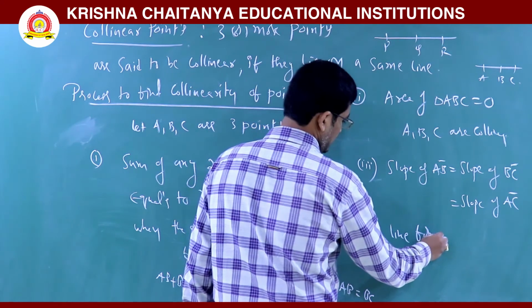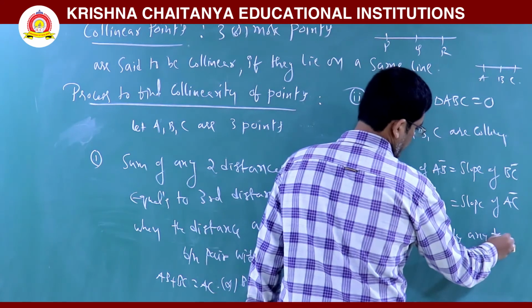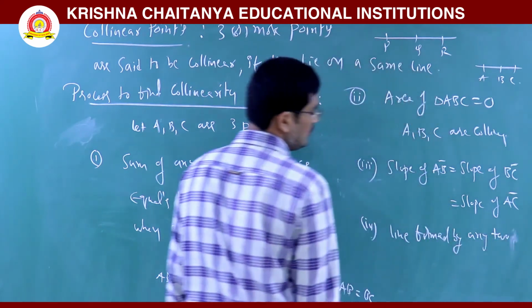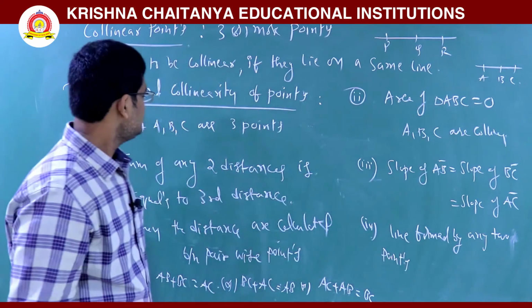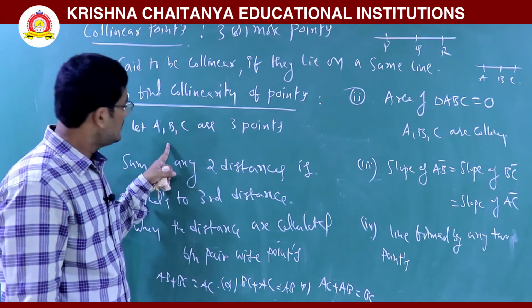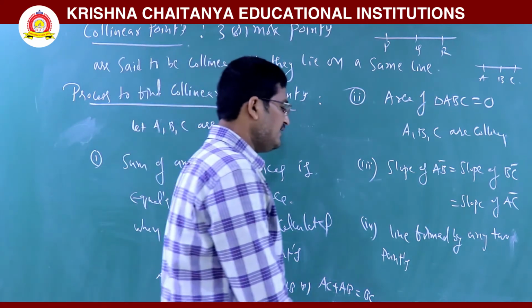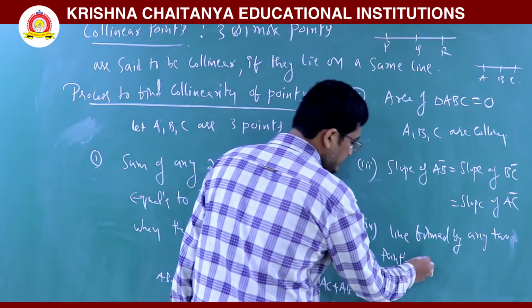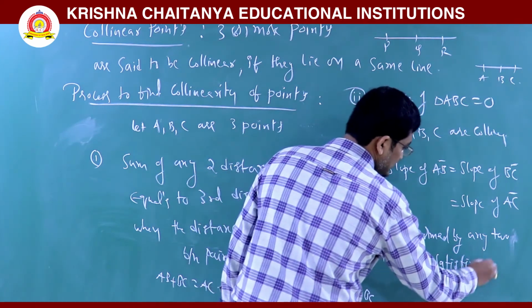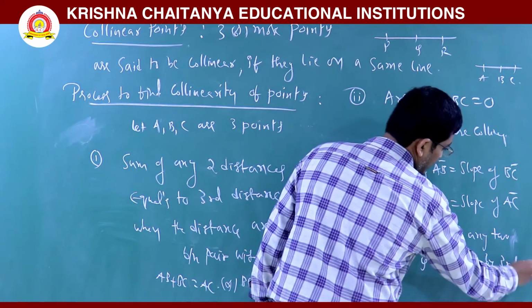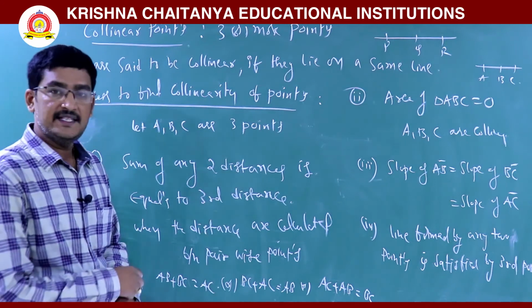The line formed by any 2 points means suppose you find the line with AB bar, or the line with BC bar, or the line with AC bar, like that. So the line formed by any 2 points is satisfied by the third point.